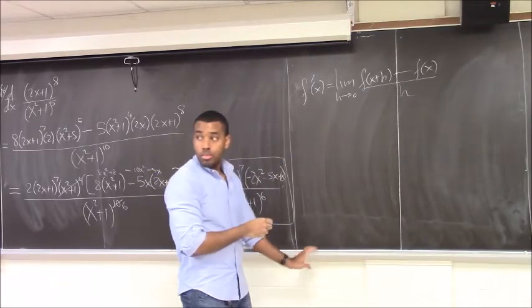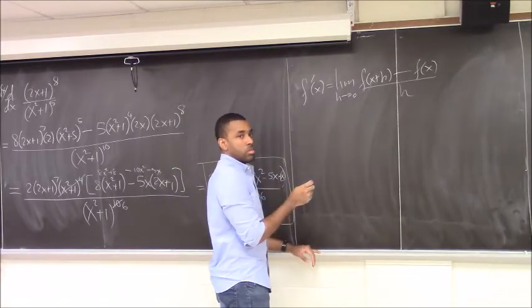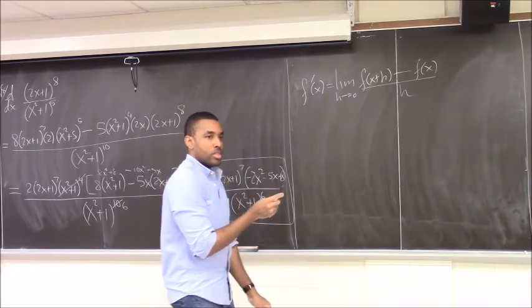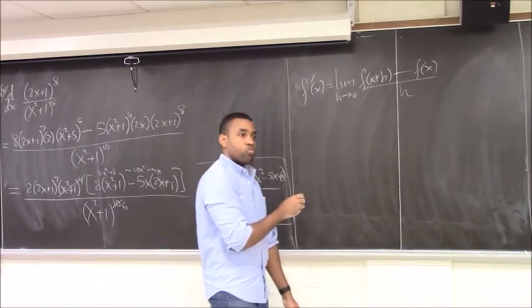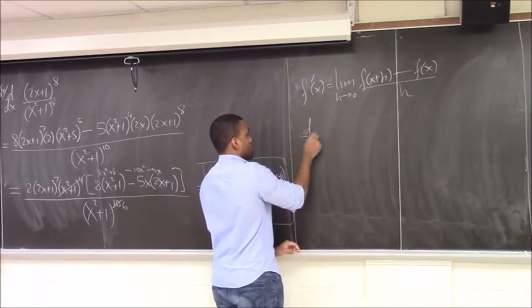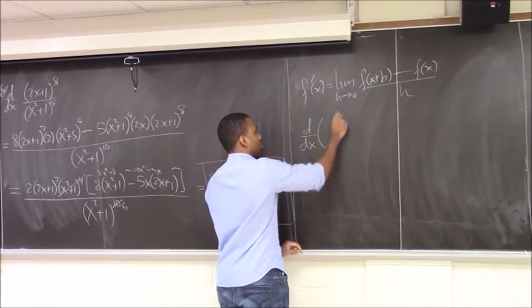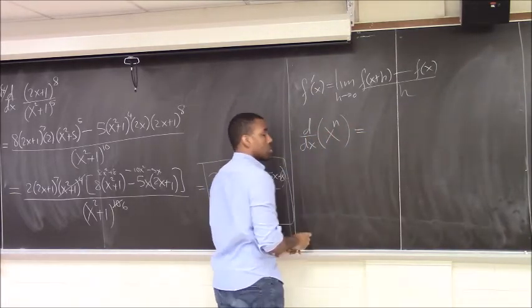That's one side of the power rule. What's the power rule? It starts out with the derivative of what kind of expression? x to the n is equal to?